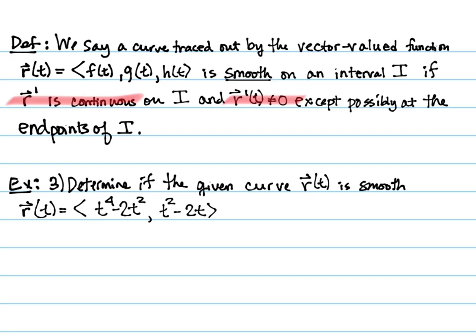So I need to take the derivatives and then assess whether they match the criterion. So r prime of t is what? Four t cubed, then what? Minus 4t. The other one is 2t minus 2.